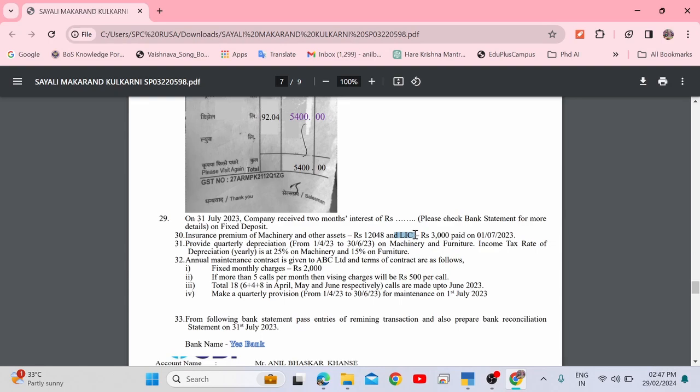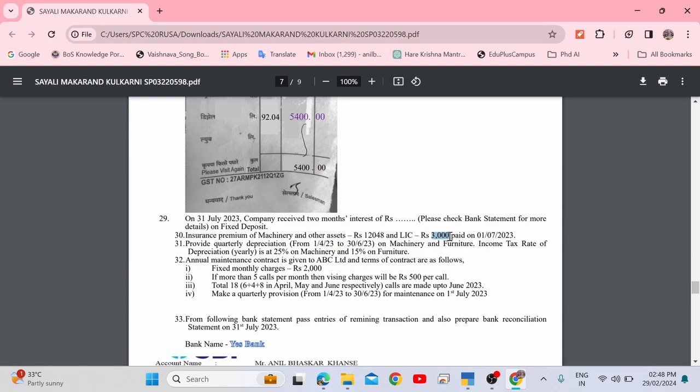Then where to record? This has gone out from the business, from your bank only you paid 3,000 LIC. What auditor will say, my dear accountant, this 3,000 is on the life of the owner, and owner doesn't mean business. If you pay insurance of a business, I will allow that on the debit side of profit and loss, but I will never allow LIC on the debit side of profit and loss.